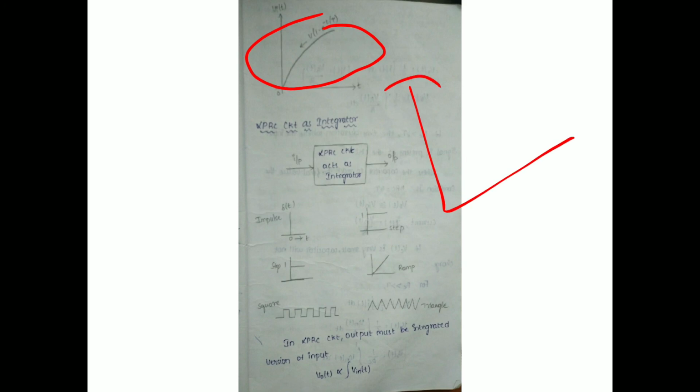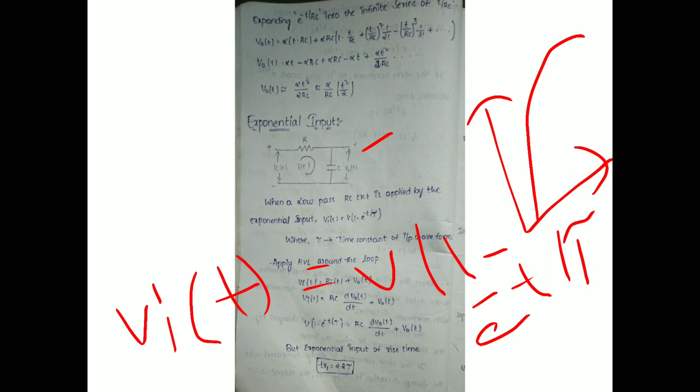When we are applying the exponential signal to the low pass filter, the signal frequency response is like this. When you are applying the exponential input and again applying the KVL voltage and deriving the expression, the signal will be like this. So this is the exponential input for the low pass filter.